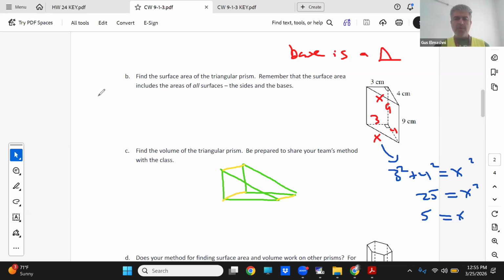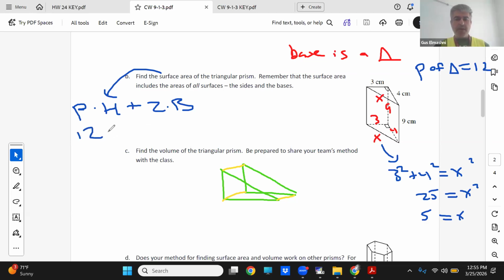Okay, so when I find the surface area, it's perimeter times the height plus 2 times the base. So what's going to be my perimeter of the triangle? Yeah, it's 12. So 12 times 9 plus, and what's the area of the base going to be?